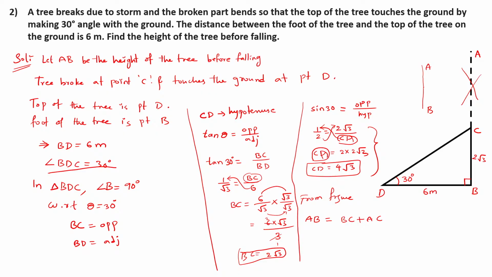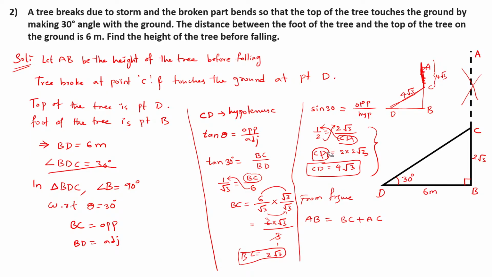So this tree broke at point C. Now this part has fallen down and is touching the ground at point C. That means this CD line and CA line both are same. Whatever the length we have found, it is 4 root 3. So AC value also becomes 4 root 3 only.